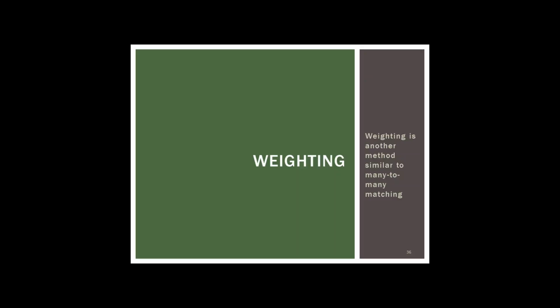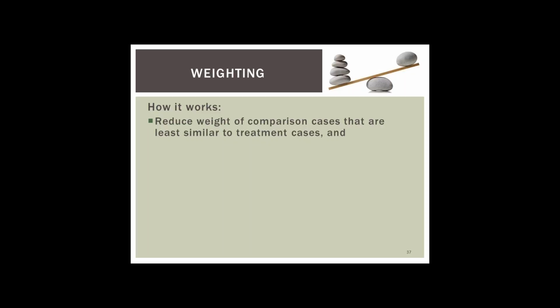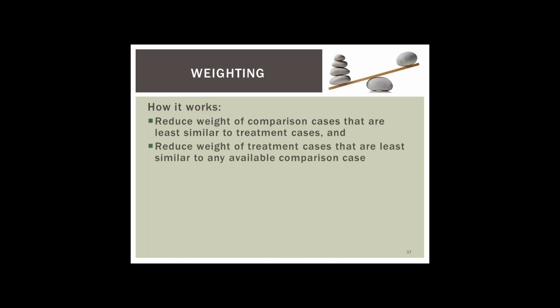Another method that you can use for matching is weighting, and it's very similar to many-to-many matching. How weighting works is that you look at comparison units, and then you reduce the weights of comparison units that are least similar to treatment cases. Likewise, if there are treatment cases that do not have any similar comparison units, you reduce their weights as well.